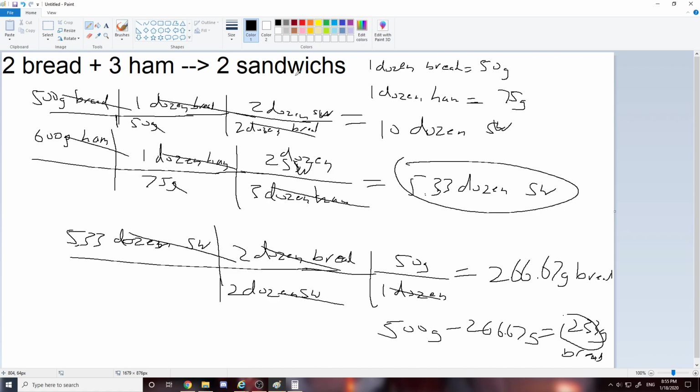Replace sandwiches with some compound products, okay? And this will be, I don't know, AgCl. This will be, I don't know, NaCl. This will be AgNO3, something like that. Right? It doesn't matter. Just replace with compounds and replace dozen with mole.